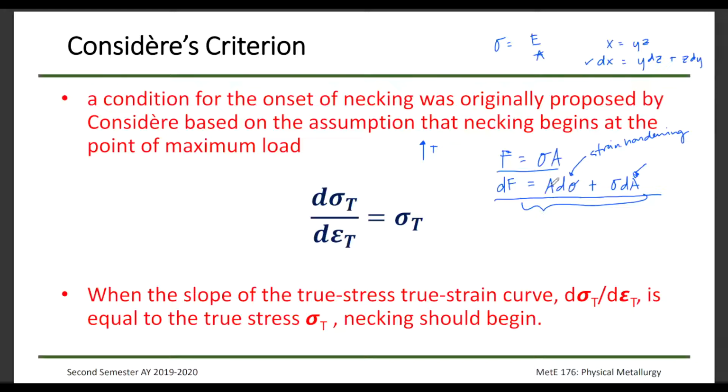Kasi this is actually a force as well, no? Kasi A times dσ is a force. So this is dF. Tapos meron siyang isang component na tumataas, meron din isang component na bumababa dun sa dF na yun. Okay?